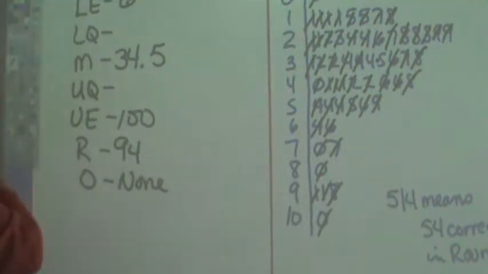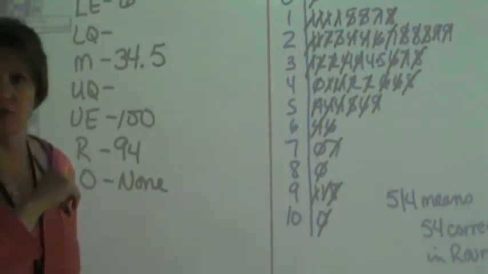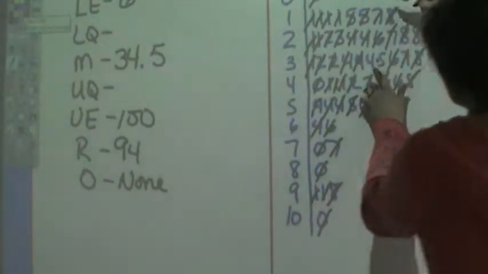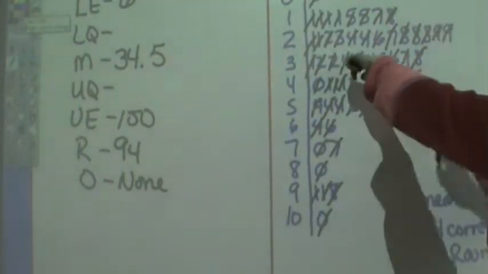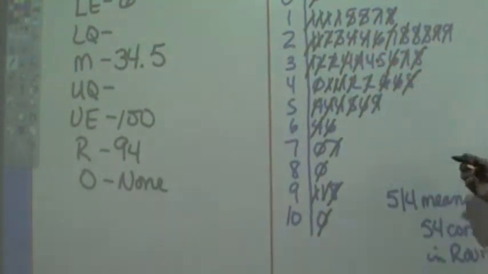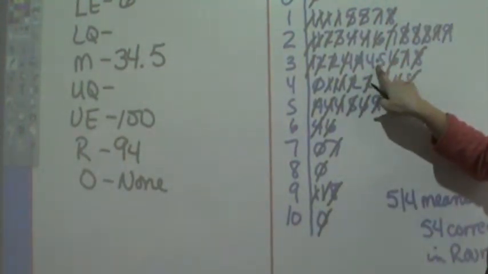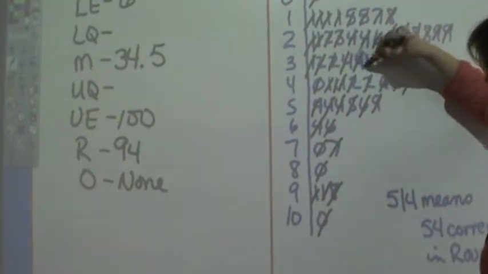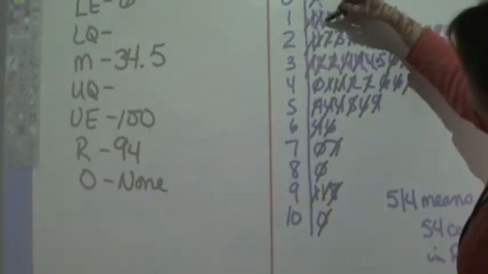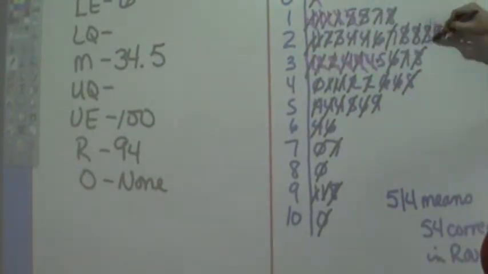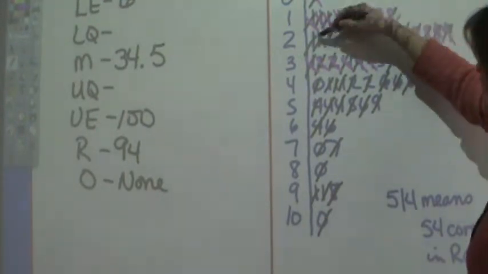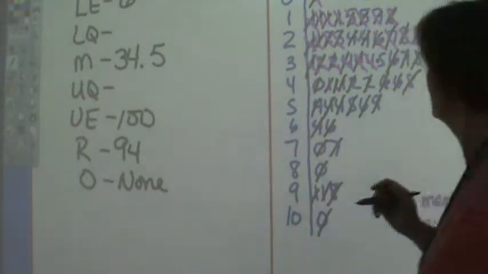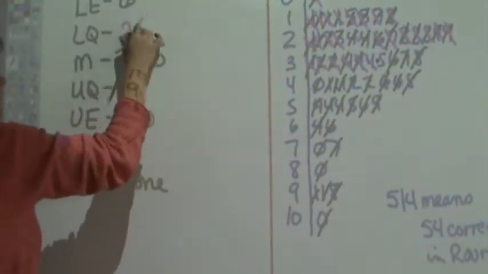Now our upper and lower quartiles, if you remember from the definitions you wrote down, it's just finding the median again, but just for this half of the data, and then the upper quartile is just for the other half of the data. I'm going to cross off again. Because there were two middle numbers, I'm going to use this one when I cross off. Looking at the lower half, it's right there between 24 and 24, so it's 24.